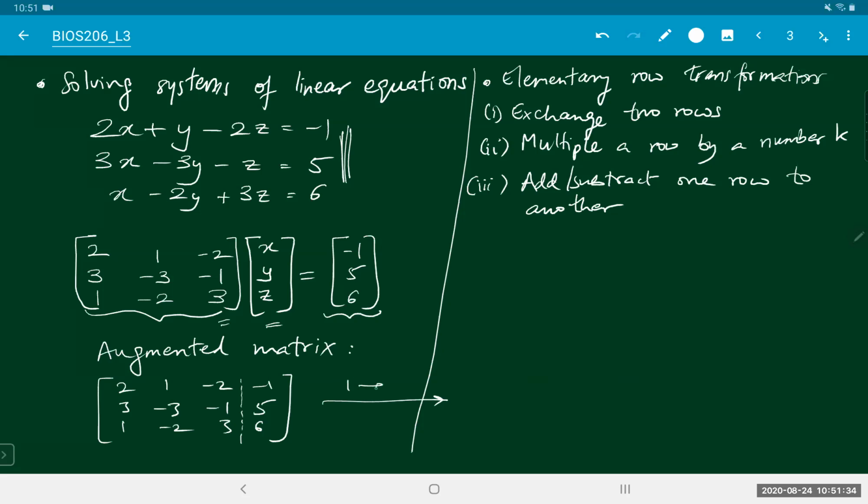So the first row now becomes first row plus second row. So this becomes, in the first row, I will get 2 plus 3, 5, 1 minus 3, 2, minus 2, minus 1 minus 3, minus 1 plus 5 is 4, and everything else remains the same.